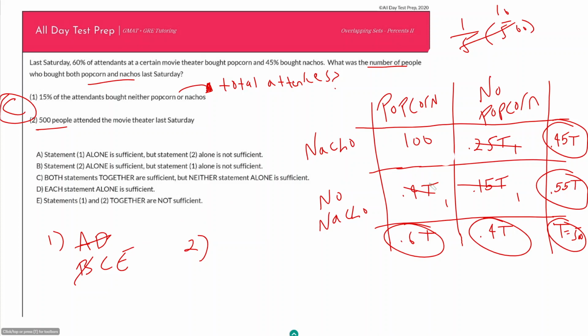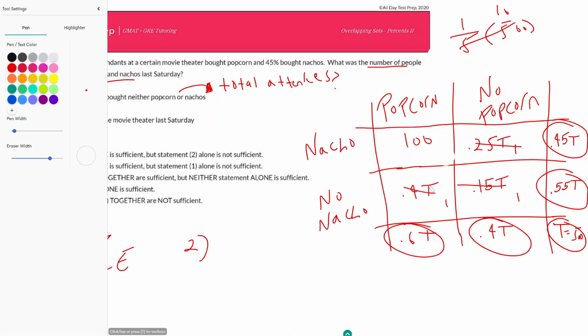Yes, 200 people. Which means 300 people, so 60% got popcorn overall, and so that's 300, and 300 over 500 is 60%, which means 200, or 40%, did not.